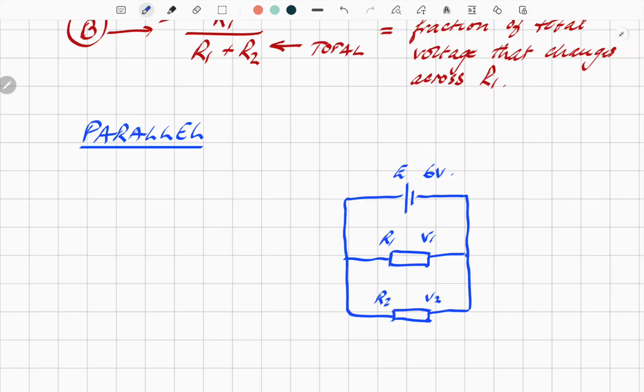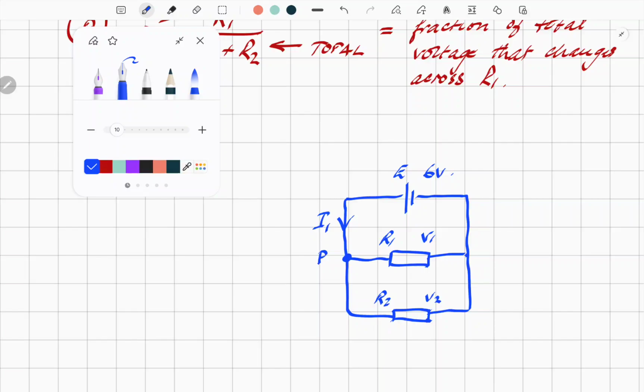Now, here's the difference between parallel and series: the current in the total of the circuit, coming out of the battery or the power source, when it gets to this point here, let's call it P, is going to split because it has 2 paths that it can follow.